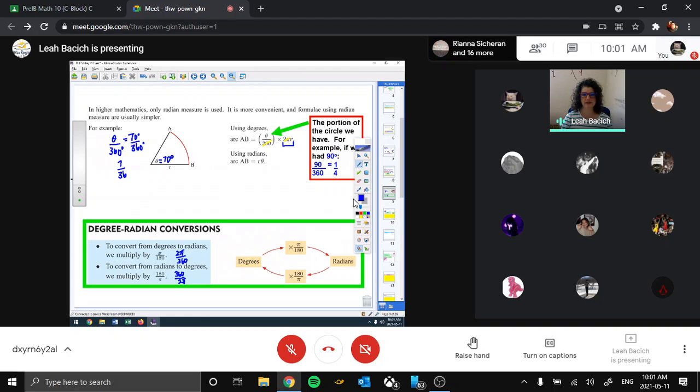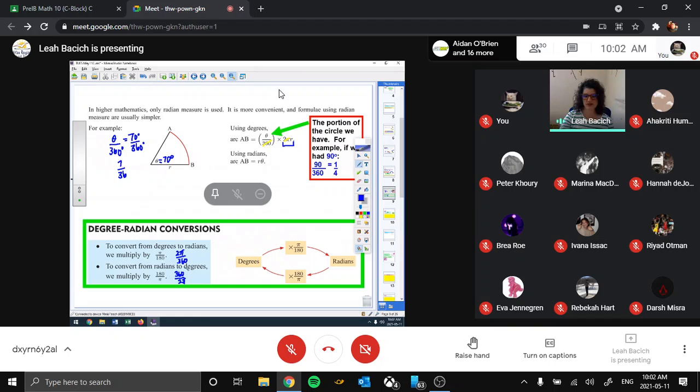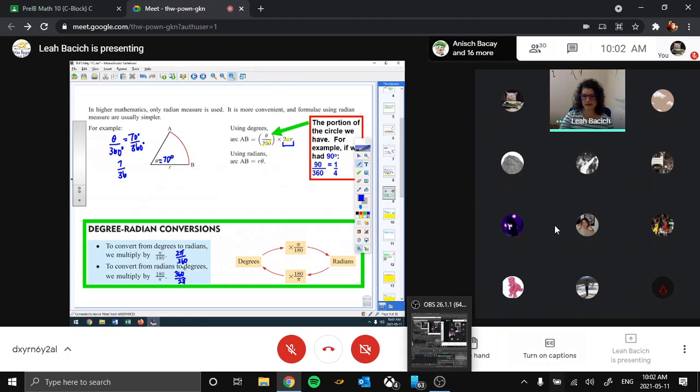Why would that be easier for me to do? What's smaller, 180 or 360? 180. Right, so wouldn't it be easier for me to use this representation instead of this? It would be. Is this wrong? No, it just means you're working with larger numbers to do your calculation, that's all.